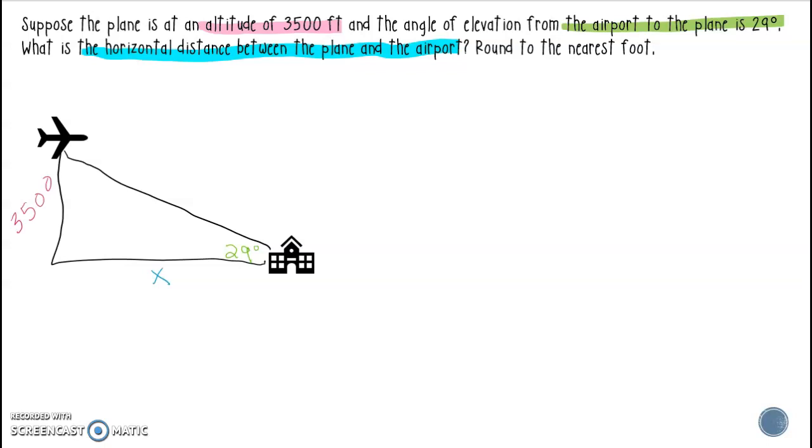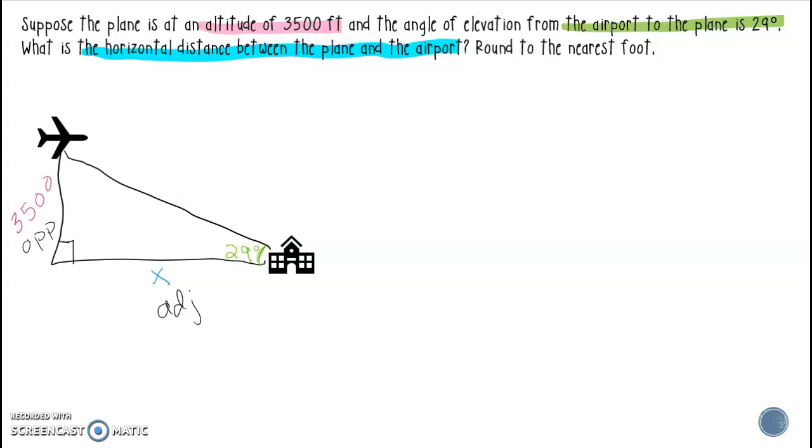If I look at my angle right here, I want to find a trig function that relates that angle to the sides. I'm given the opposite side and the adjacent side. I am not using the hypotenuse at all, because this is a right angle.